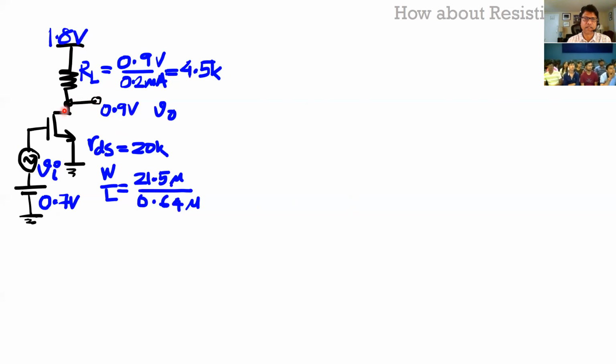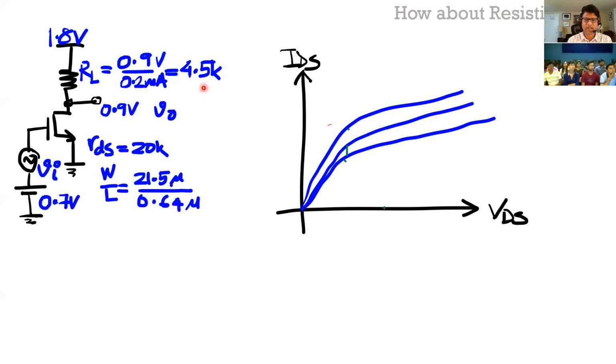It's a linear device. So if I do the same sort of thought experiment, the current through this branch has to satisfy both this resistor as well as this transistor. The transistor follows this curve, which we said before.